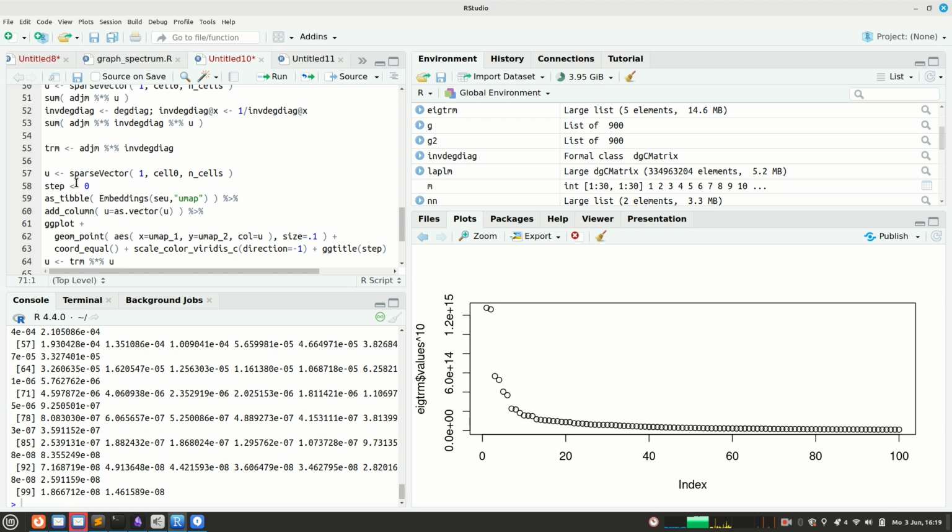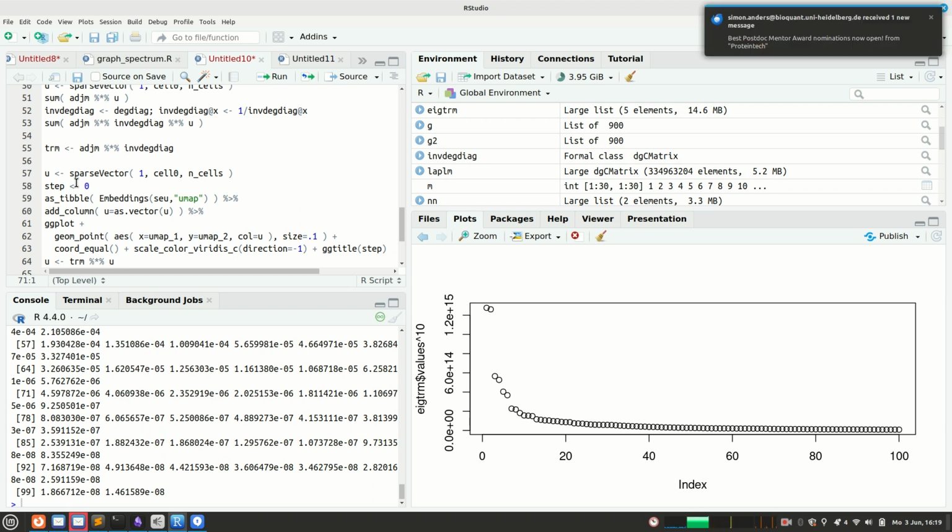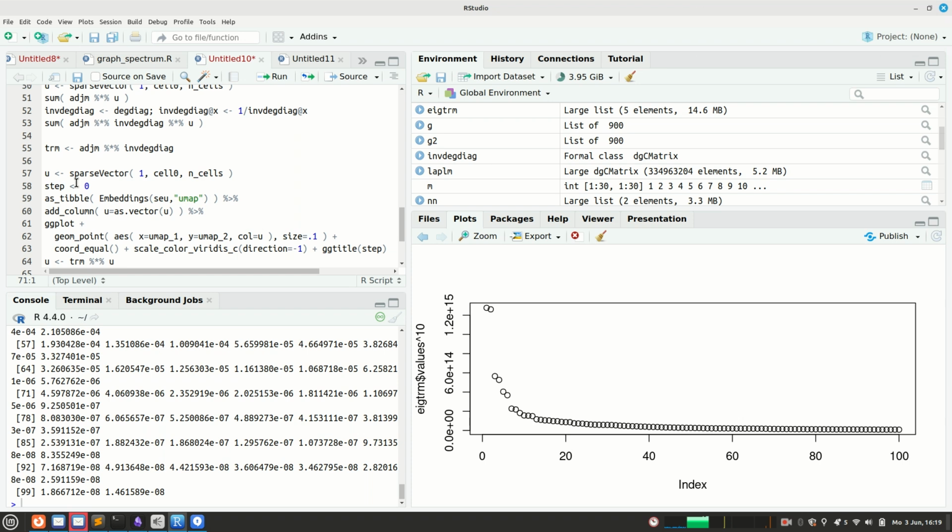can be written as Du, where D is a diagonal matrix of the degrees of the vertices. So for each vertex we take the degree and we write these degrees in the diagonal of a matrix. So in the first diagonal element, it has the number of neighbors of the first vertex, then of the second vertex, and so on.